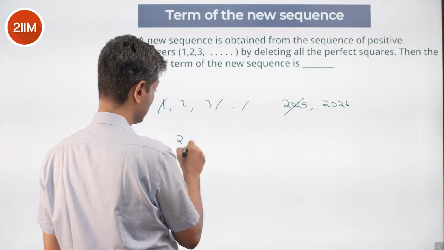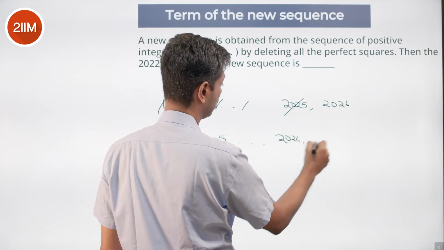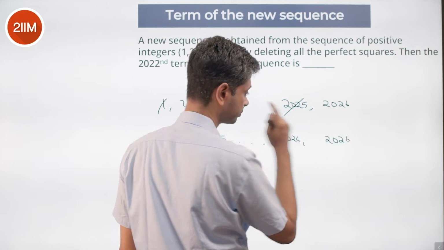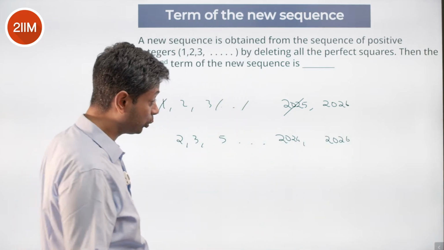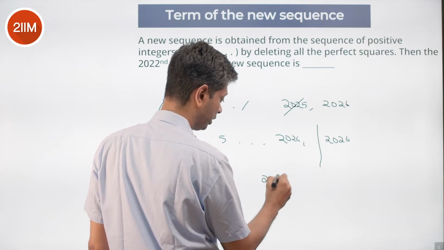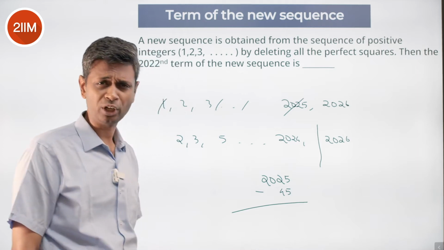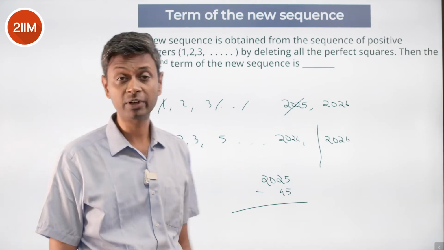In my new sequence, you'll have 2, 3, 5, ... 2024, 2026. Up to 2026, I'll have 2025 minus 45 terms. Why minus 45? 45 square is 2025.